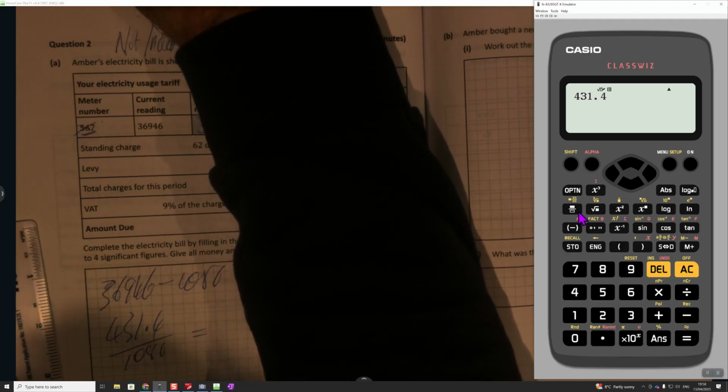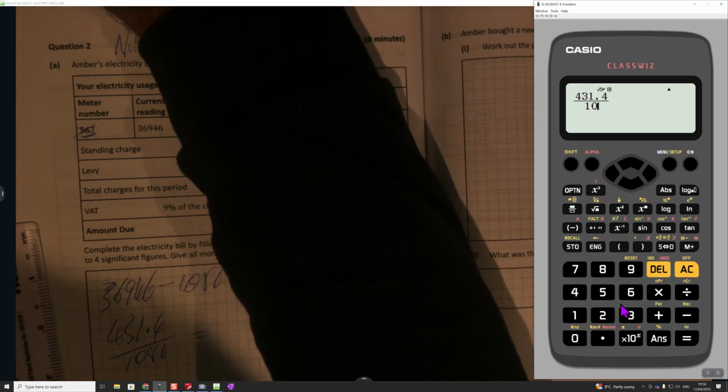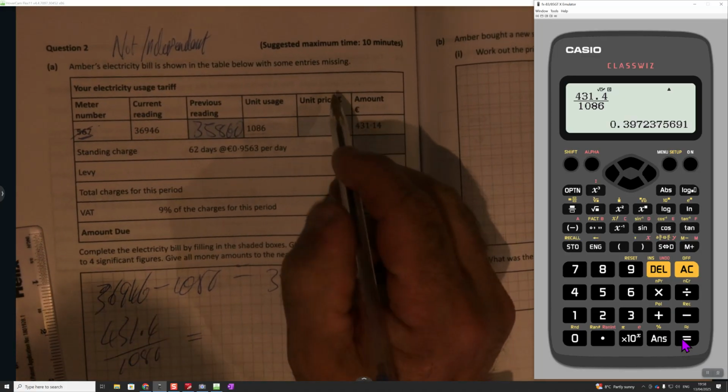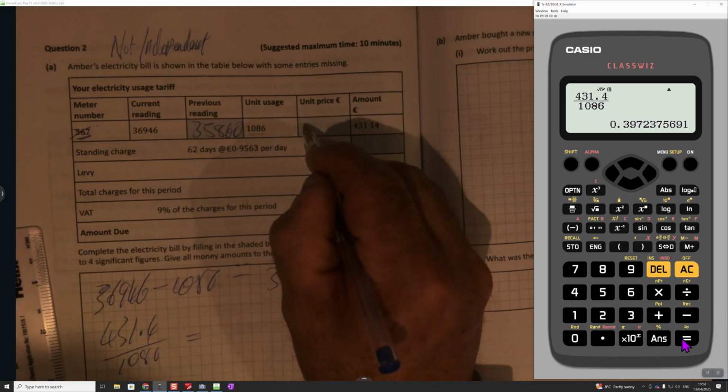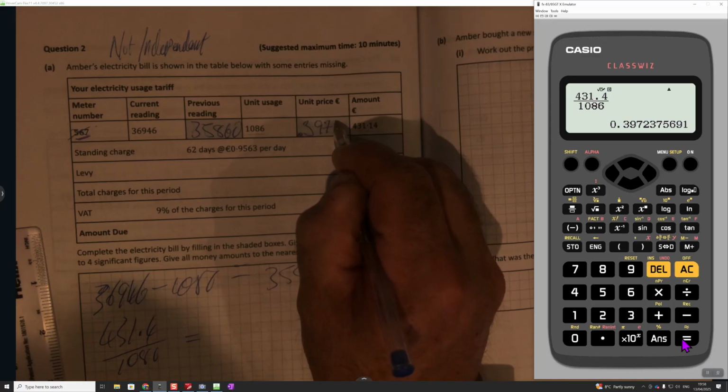That's 431.4 over our number of units, 1086, and we want it as a decimal, so we'll do a shift equals on that, and we get that the unit price is 0.3972 euro.